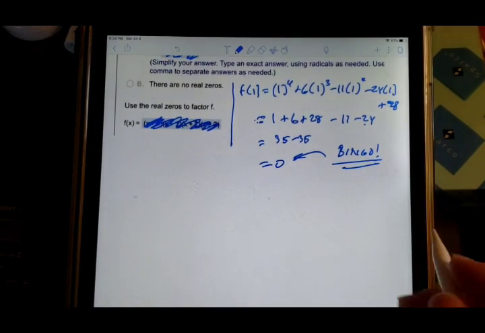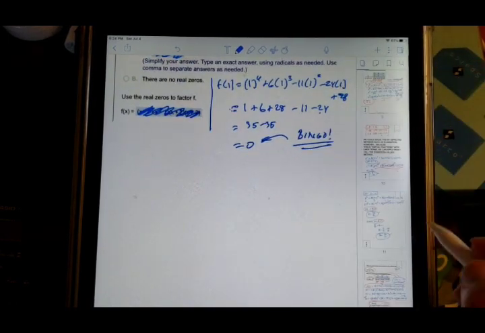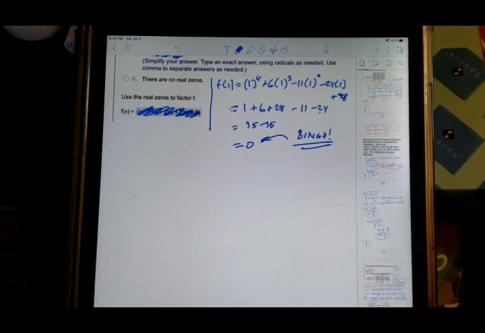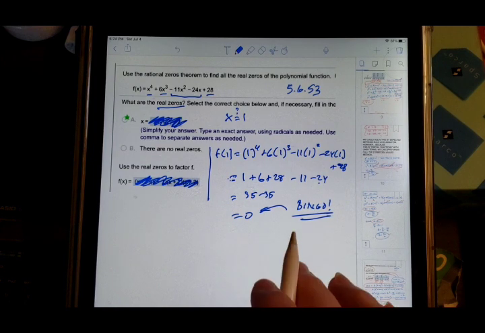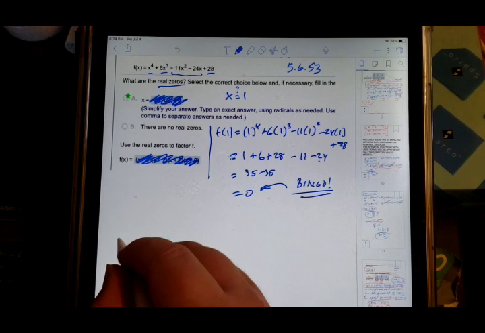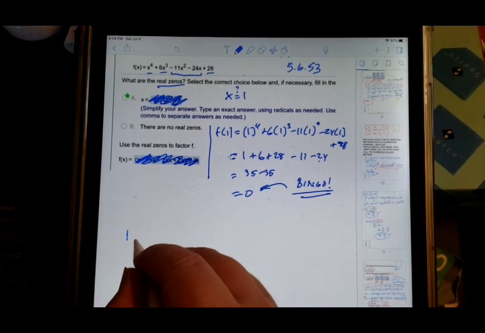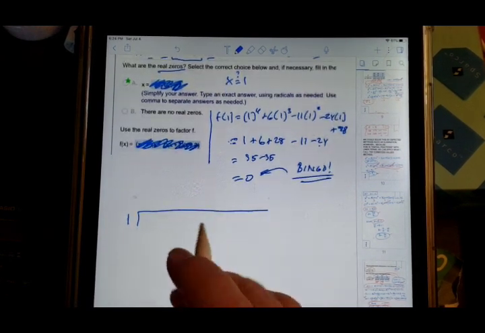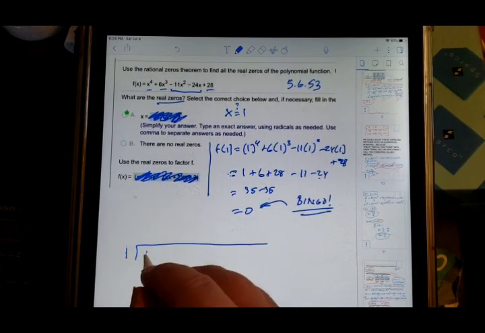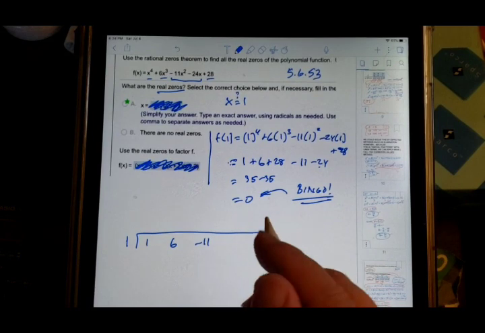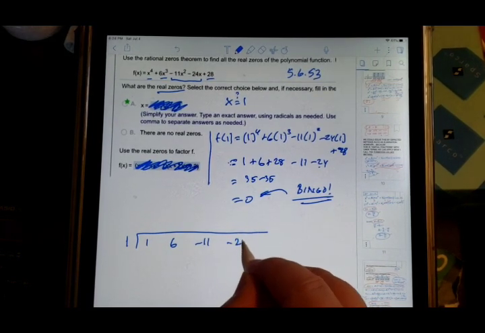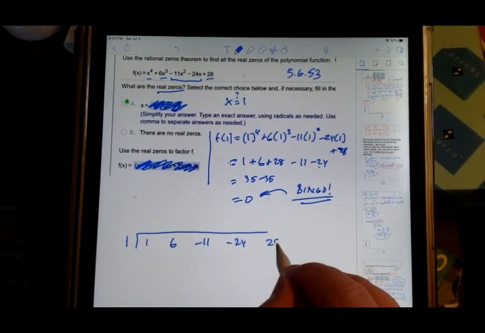So what that means to us is I need more space here. All right. I want to use synthetic division with a 1. Which I could have done instead of the f of 1, but I always think synthetic division is a little more work.